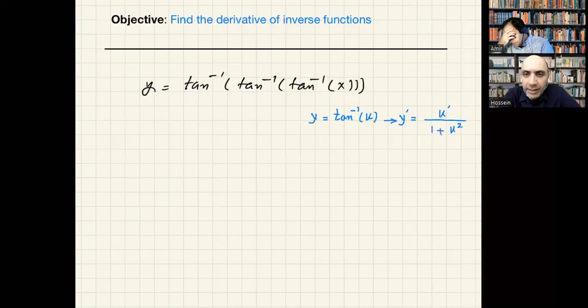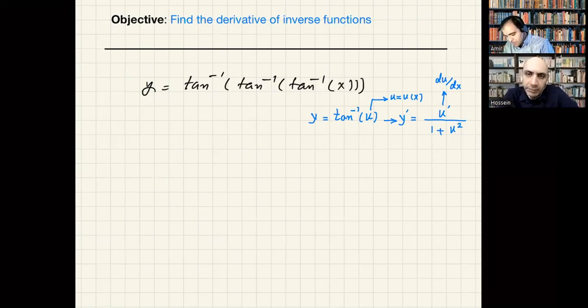Here u is a function of x, so u prime means du over dx, and y prime is also dy over dx. Prime means the derivative in terms of x.